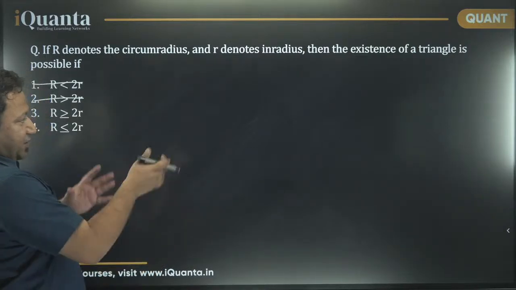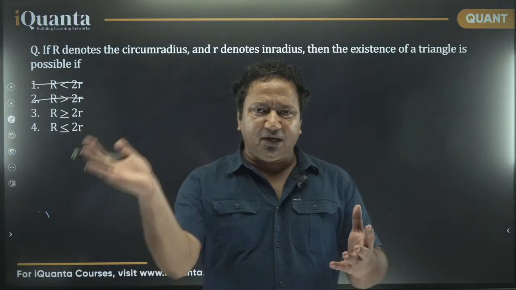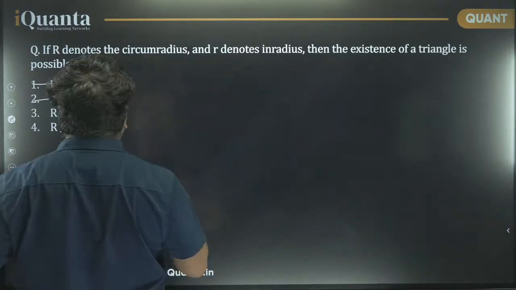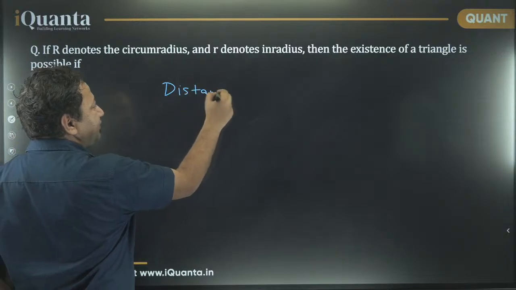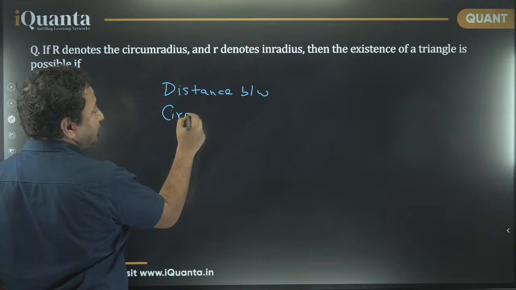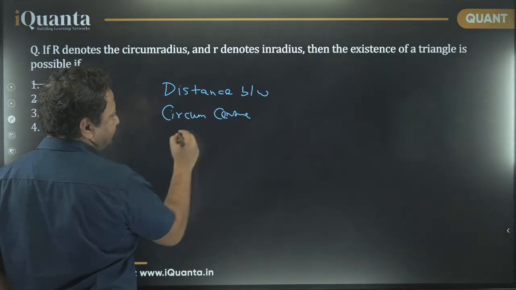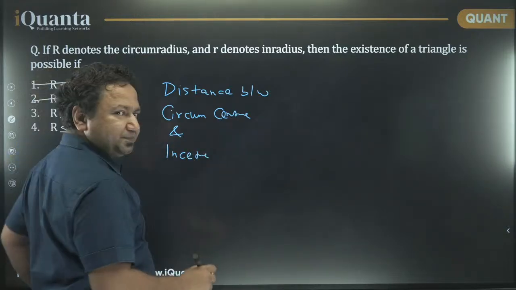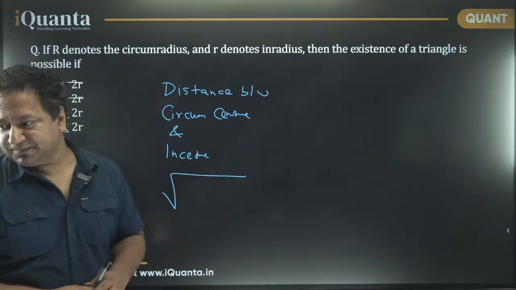By the way, you can put in the values and get the answer, right? You can just take a right angle triangle and do that. But now, note this down. It's going to change your life. Distance between circumcenter and incenter is given by, do you know this?